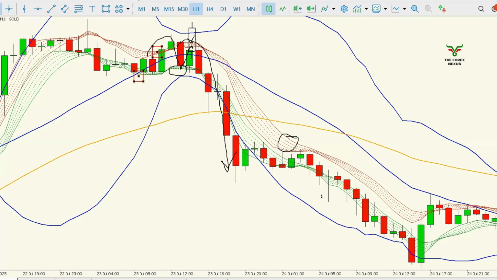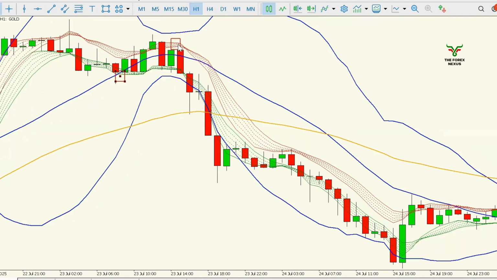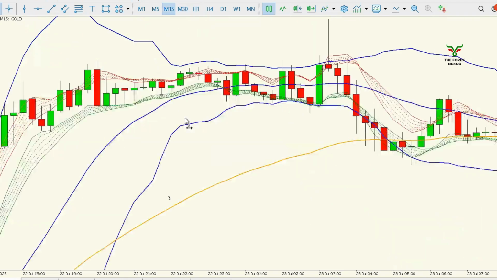Now let's clear this one and mark this area. So mark that area and move to M15.